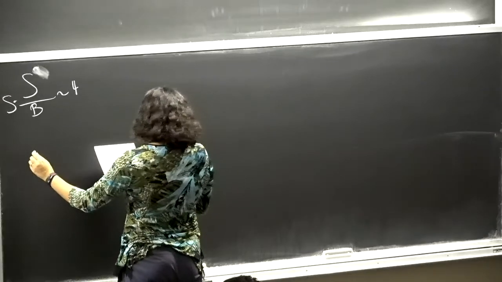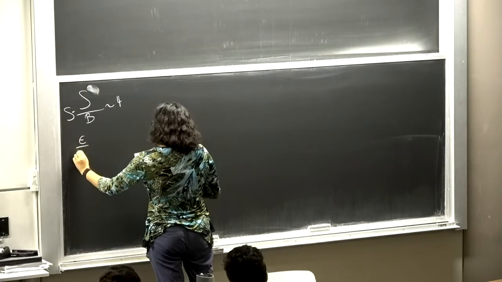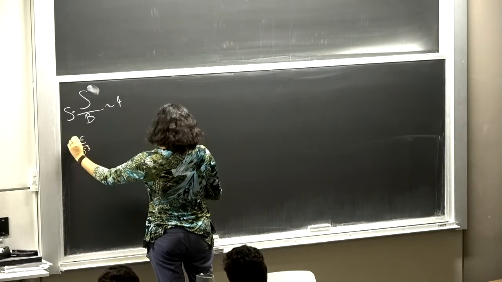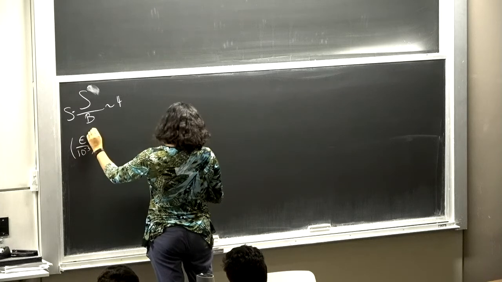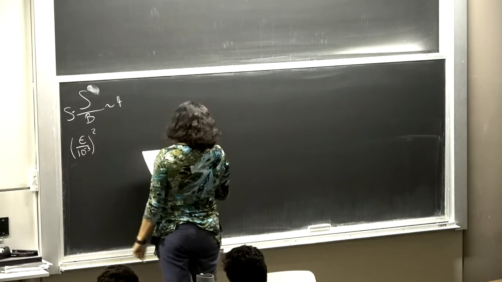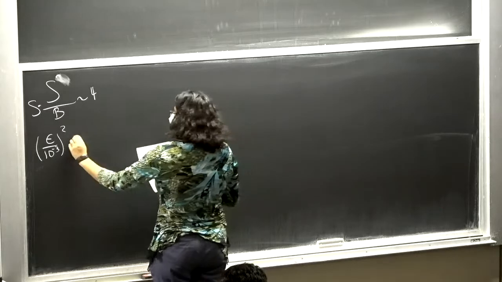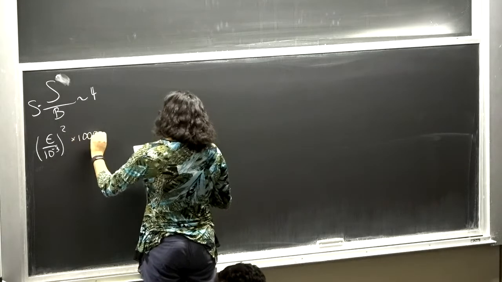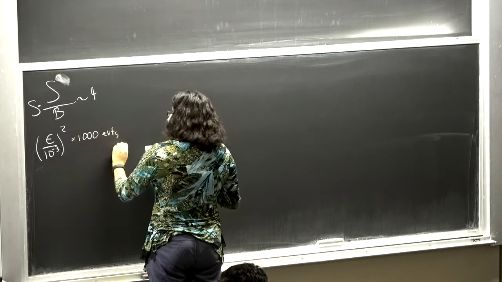So my signal is the yield I wrote down before. And I'll just use the Babar luminosity and center of mass energy times 1,000 events.